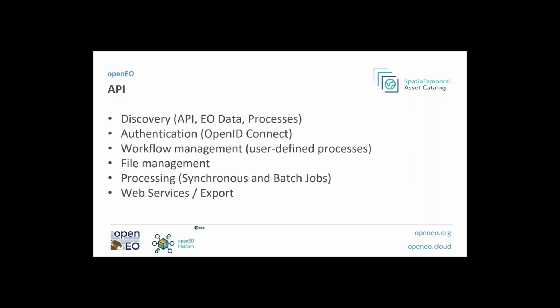You can upload and download your files, of course. You can process the data that you've selected either synchronously or as larger batch jobs. And you can do on-demand processing via web service. So if you have a web map and a workflow that you want to run, you can do that on demand so that the data is just computed on the fly, basically.